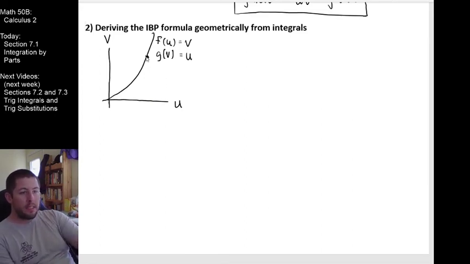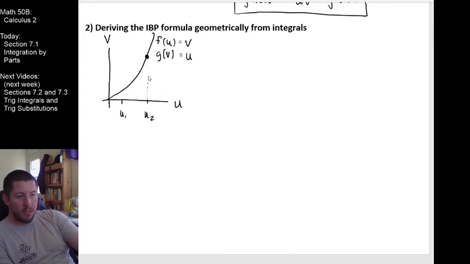In this case, I am going to do this using a definite integral. So I'm going to identify a region over which we're potentially interested in computing some values. Maybe we are interested in integrating this f of u function from u1 to u2.